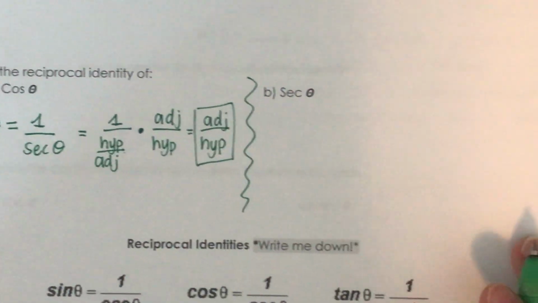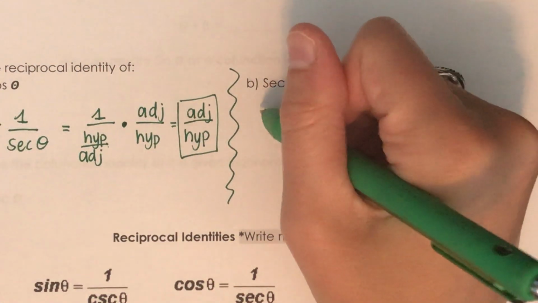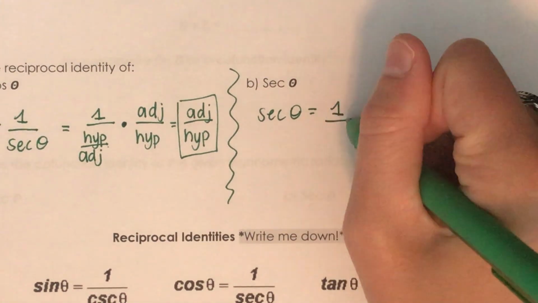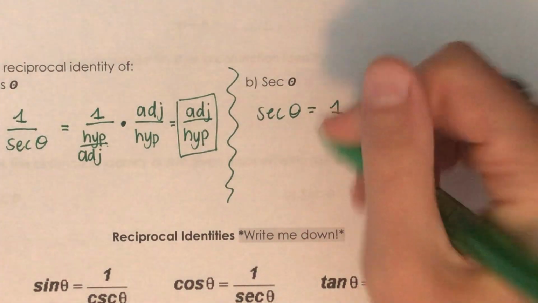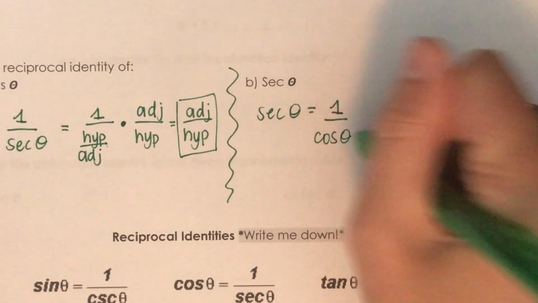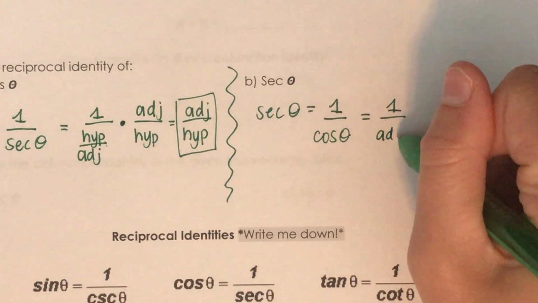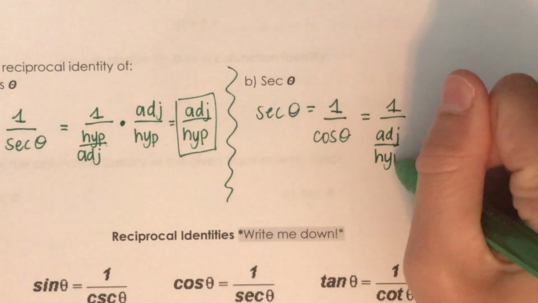So now we're going to prove secant. So it's kind of just the reverse, right? Because secant means 1 divided by its reciprocal, which is cosine. Okay? Cosine is adjacent over hypotenuse.